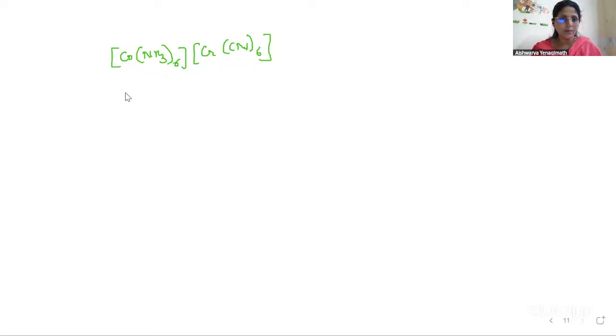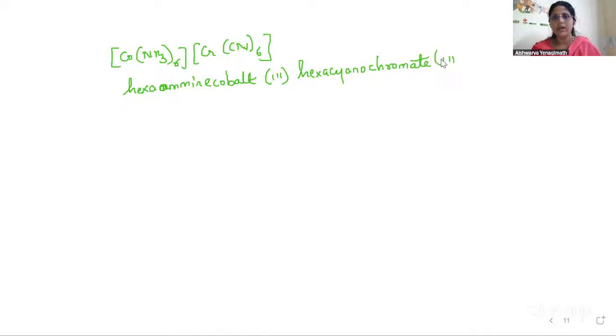This is the cation, so it is hexaammine cobalt 3, then hexacyanochromate, chromate 3. Correct? This is how we write the name for the compound.